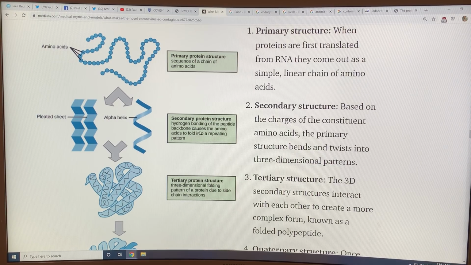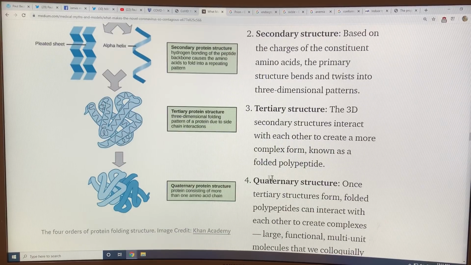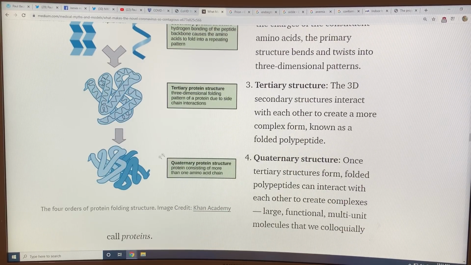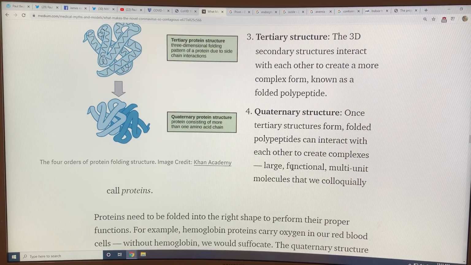There's hydrogen bonding of the peptide backbone, causing the amino acids to fold into a repeating pattern. These structures can then interact with each other and create a tertiary structure known as a folded polypeptide. Then a bunch of these can combine and interact with each other in large complexes called proteins.